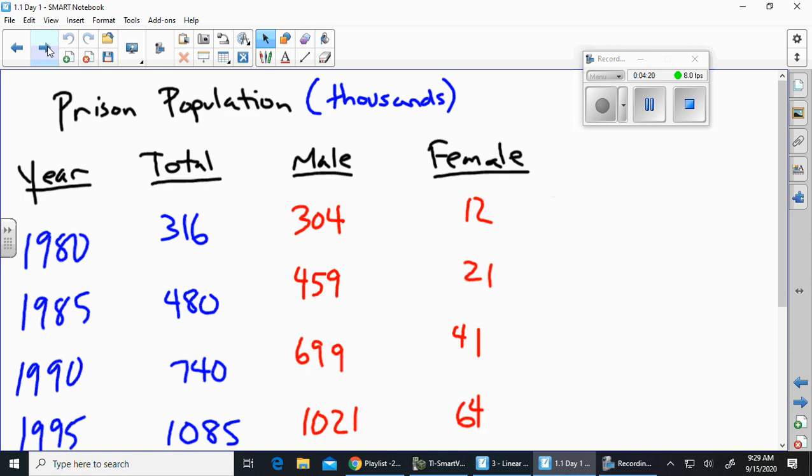And, just thinking, what did we do with this in like an algebra 1 or 2 class? I gave you numerical data. So I gave you years. This is prison population in thousands, total. And then I compared male and female.